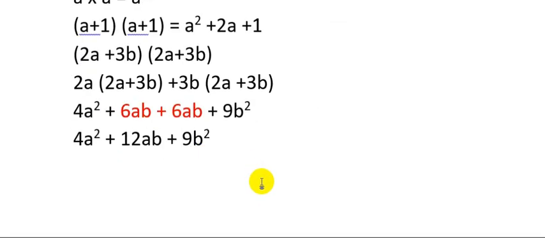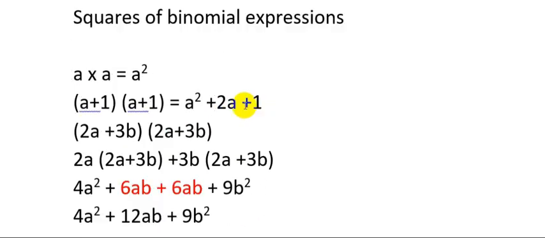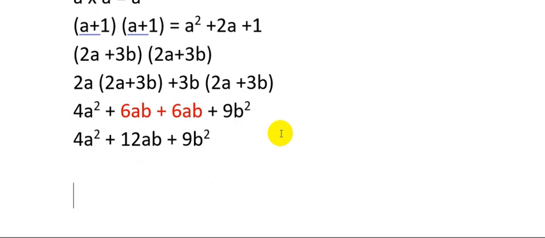Now if I compare the answer with the question, I can find something beautiful and I can remember this easily like this: 2a plus 3b, this whole square, which is the square of the binomial expression.